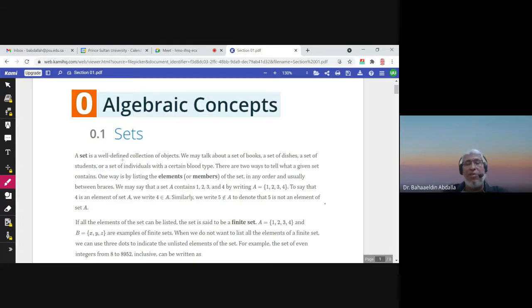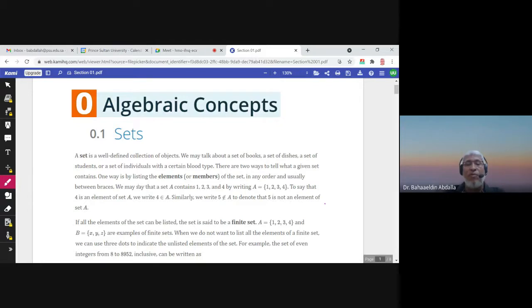A set is a well-defined collection of objects. So any collection of objects will be a set. We may talk about a set of books, a set of dishes, a set of students, a set of individuals with a certain blood type. And there are two ways to tell what a given set contains: the elements inside the set.